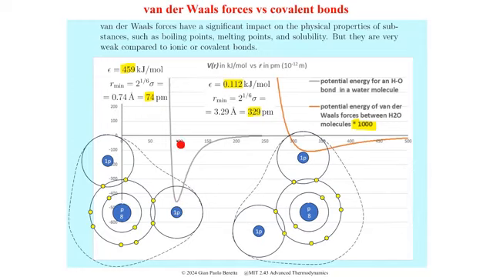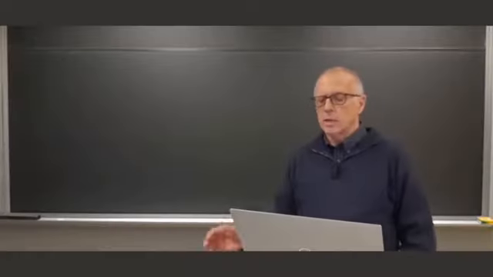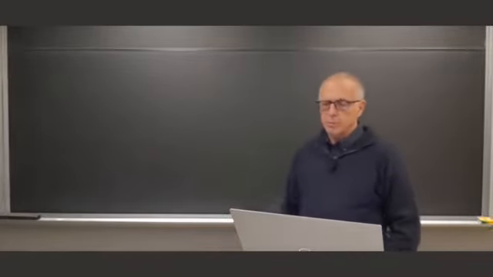Not only do they occur at closer distances. You see, this is 0.7 angstrom with respect to the bottom of the van der Waals forces, which is at about 3 point something angstrom for the liquid.